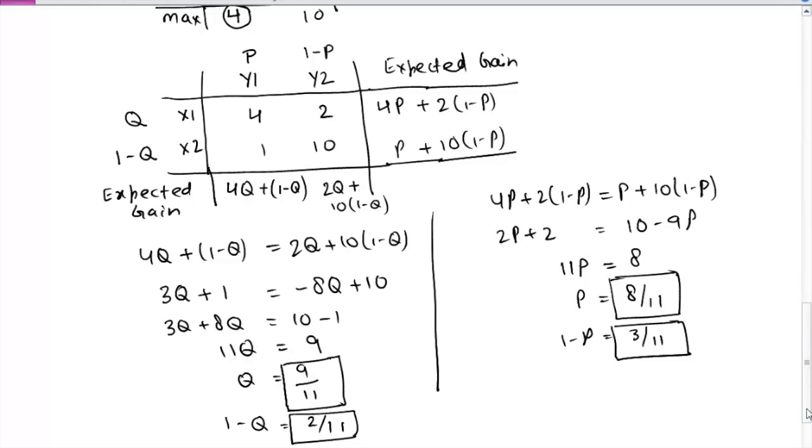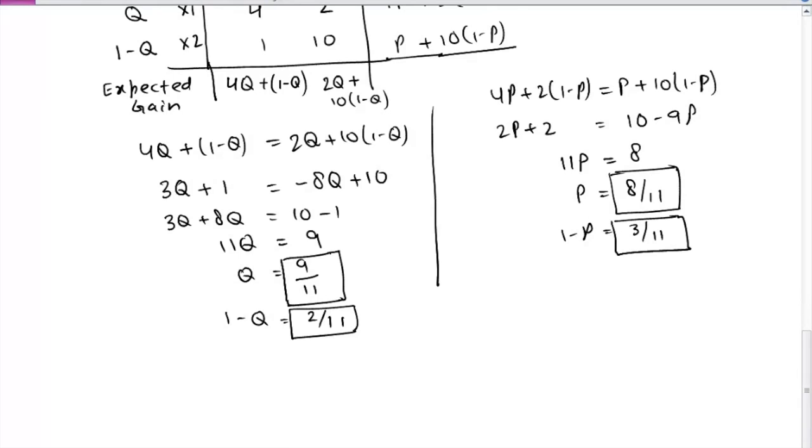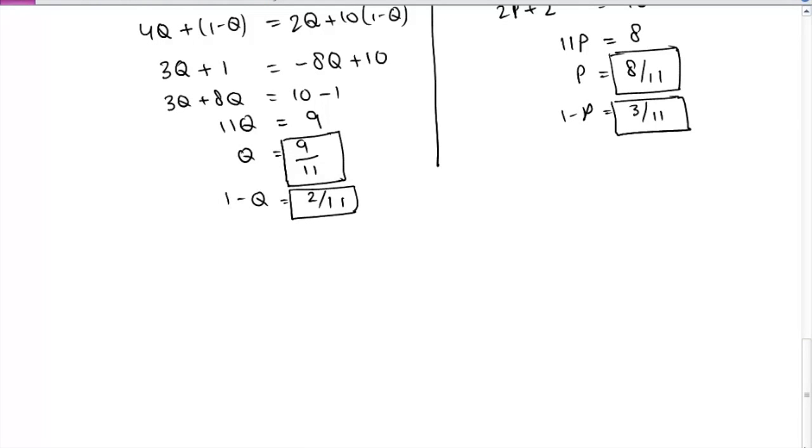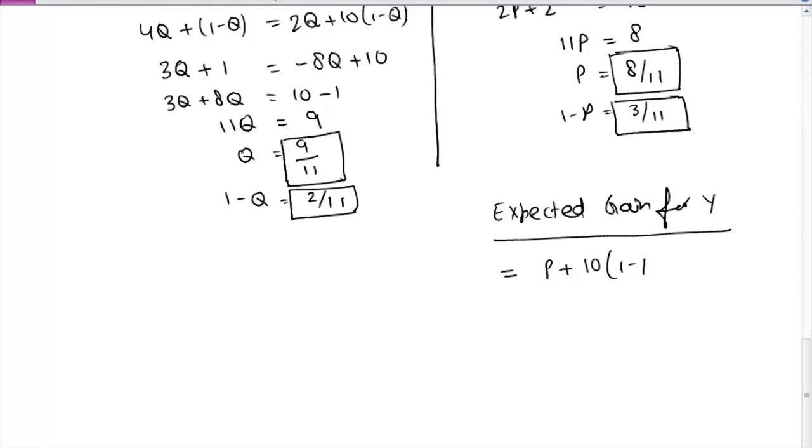So using this, if we want to calculate the expected gain for Y, you can actually use any one of the two. Let's say I'm using the second one, so P plus 10 times 1 minus P. If you input these values here, 8 over 11, and 10 times 3 over 11, and simplify, you will get 38 over 11 or 3.46.